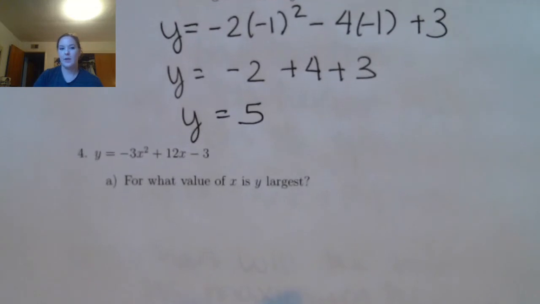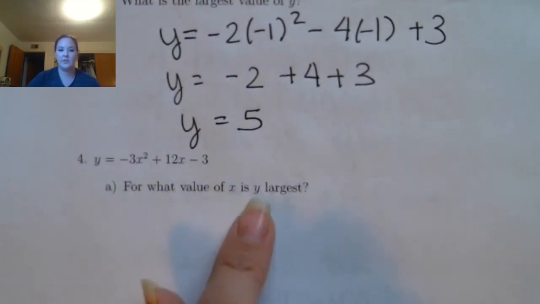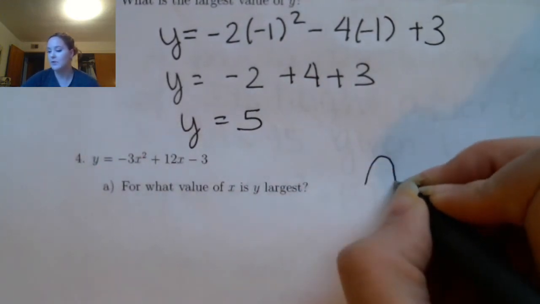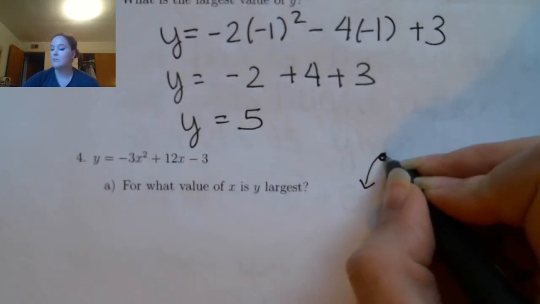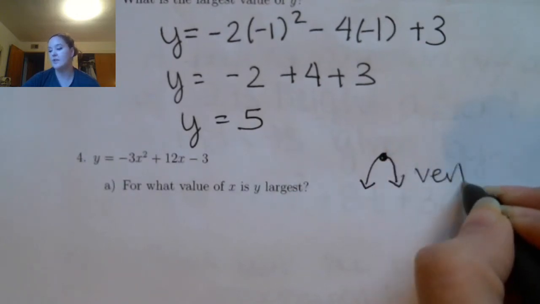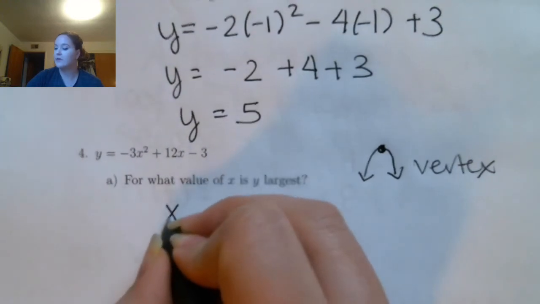Now we're asking a very similar question here. For what value of x is y largest? We can see we have this negative sign out front again, which means we're facing down. So this maximum point, where y is largest, is the vertex.